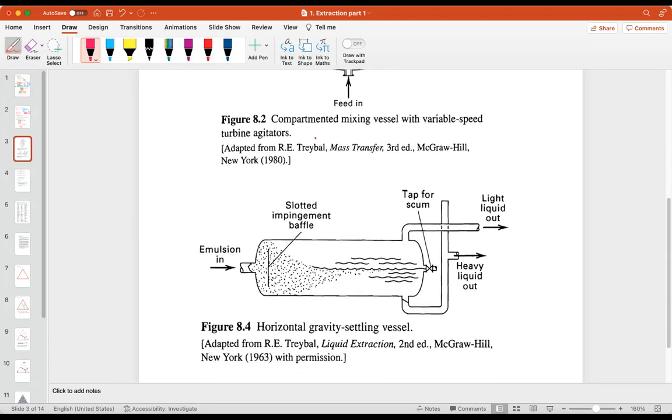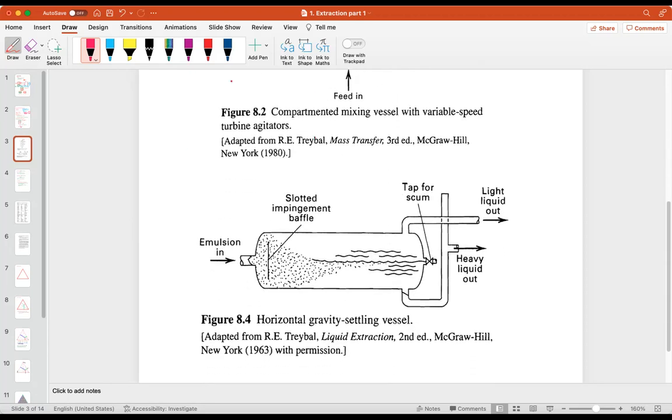Once the emulsion is out from the mixing, it goes to the settler, for example, the horizontal gravity settling vessel. Usually one solvent is lighter than the other, and they are not miscible, nggak terlarut ya, because they have different polar properties.